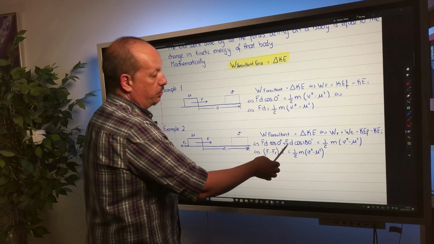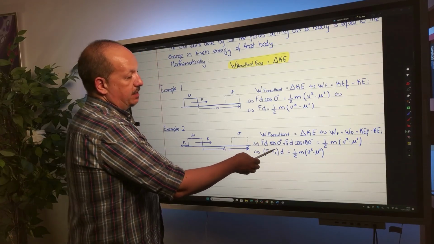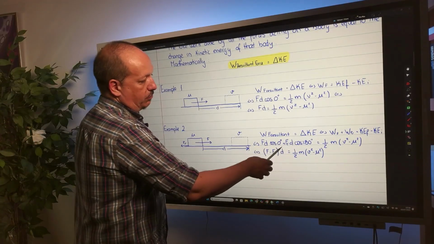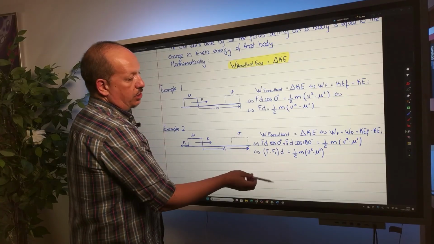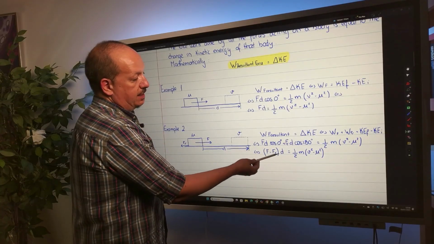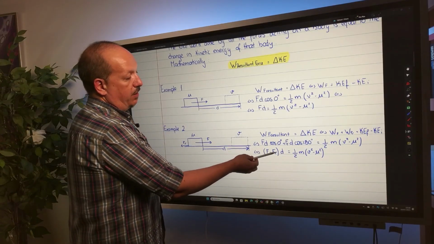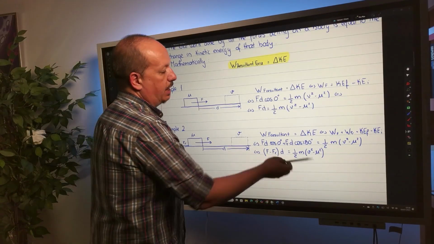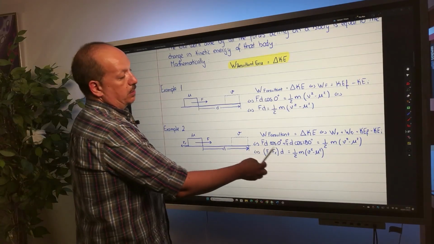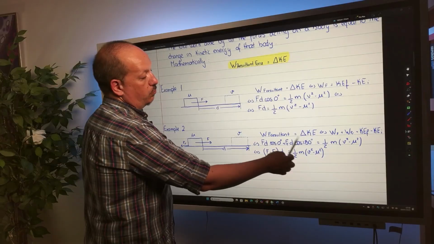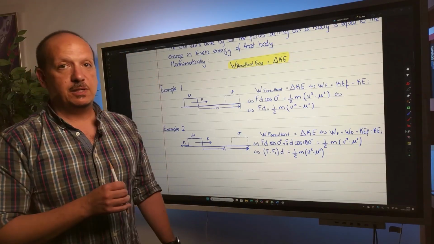So this is going to be a negative value, right? So it's going to be minus friction Fr d, which means that we can factorize the d, and we will just have F d minus Fr d equals 1/2 m (v squared minus u squared). So again, this part over here is 1, this part over here is minus 1, and this is just the outcome of factorizing the displacement.